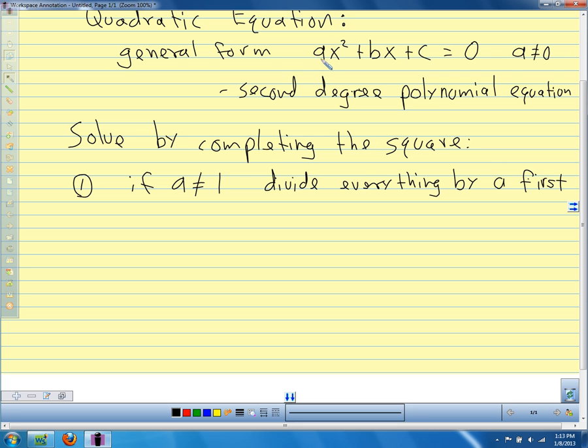So if we have some number out here in front of the x squared, to solve by completing the square, the first thing we're going to do is divide everything by a.